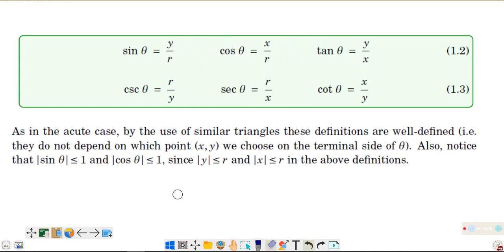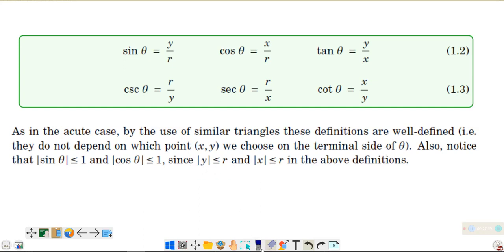So, as in the acute case, by the use of similar triangles, these definitions are well defined. They do not depend on which point xy we choose on the terminal side of theta. Also notice that the absolute value of sine theta is less than or equal to 1, and the absolute value of cosine theta is less than or equal to 1, since y is less than or equal to r and x is less than or equal to r.